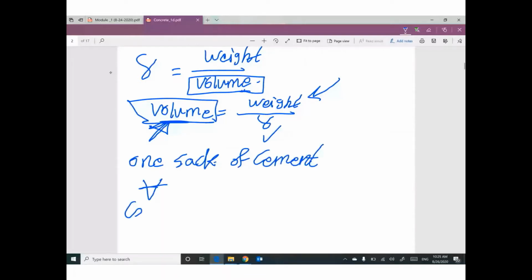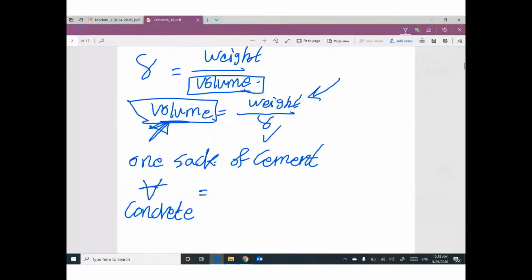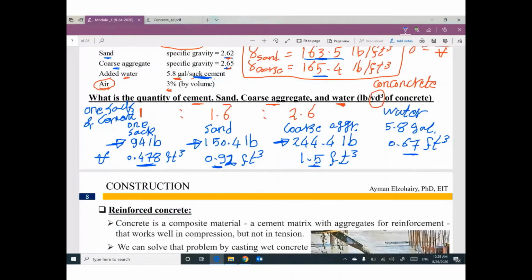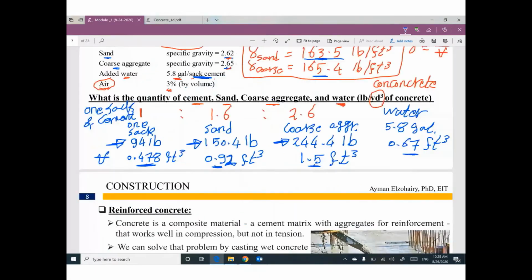Okay, add these volumes together: 0.478 of cement plus 0.92 of sand plus 1.5 of coarse aggregate plus, what about water, 0.67.